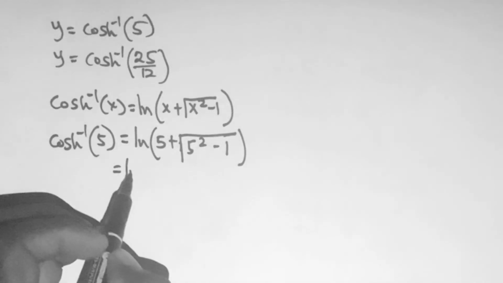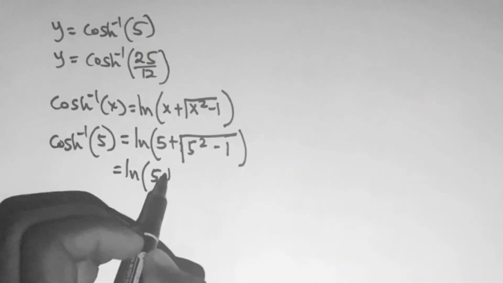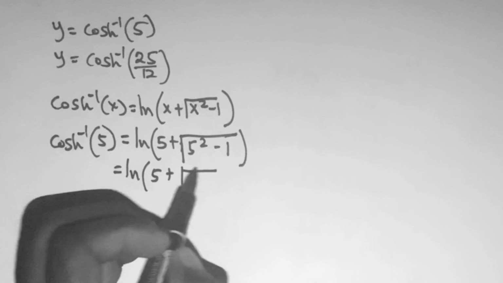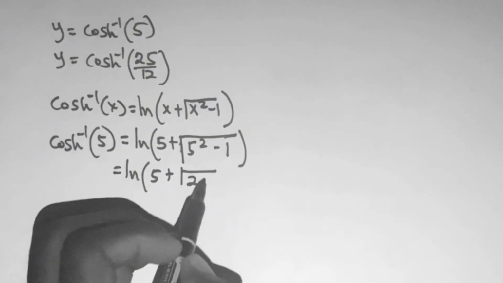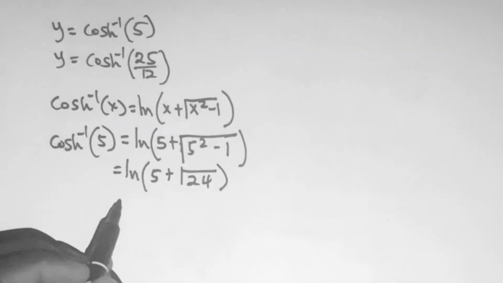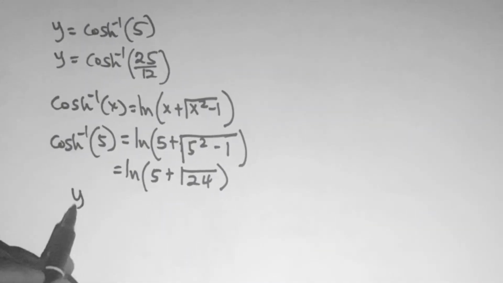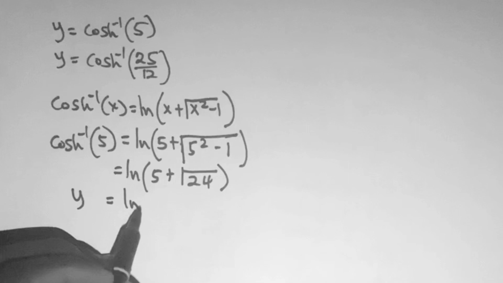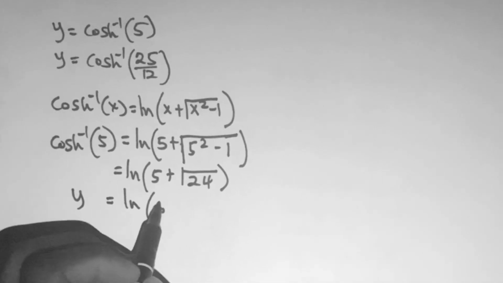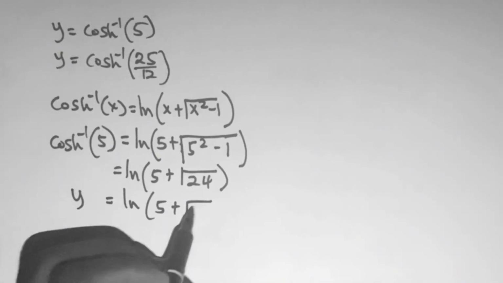And this is equal to natural log of 5 plus square root of 24. So the y value is equal to natural log of, in bracket, 5 plus root 24.